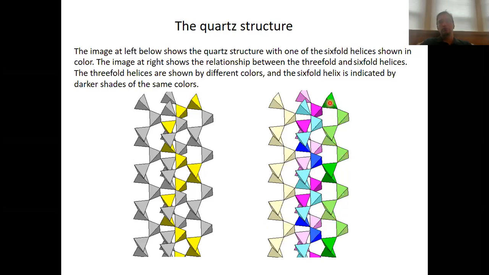So if this is the first one, this is the second one, the third one, the fourth one, the fifth one, and that's the sixth one. So this one here would be identical to that one here. It would just be in the next repeating unit. All right. So in this view, we are looking perpendicular to the C-axis.